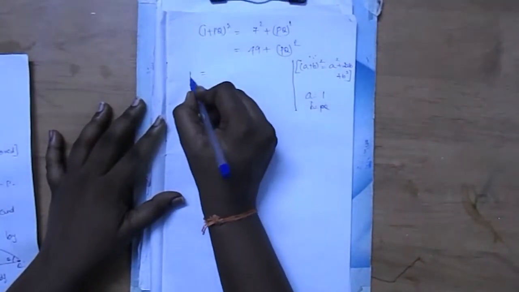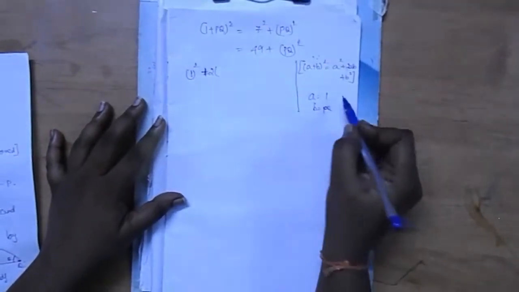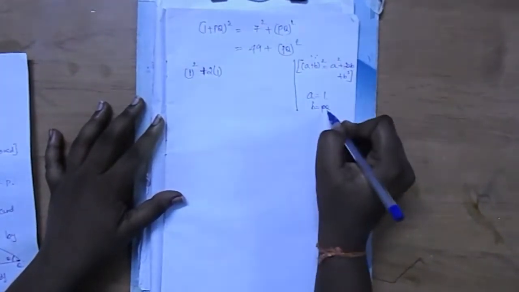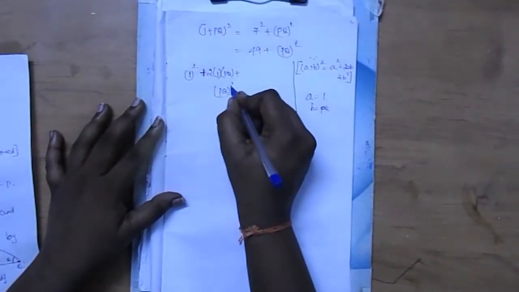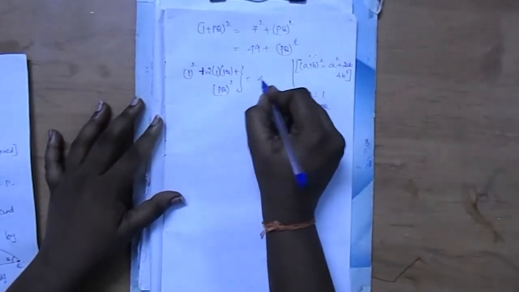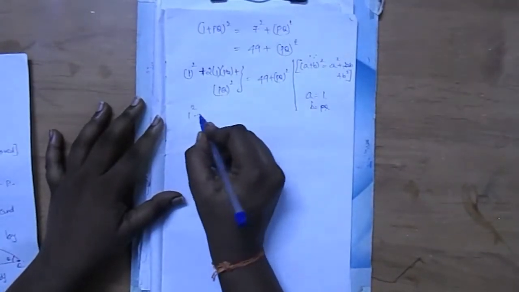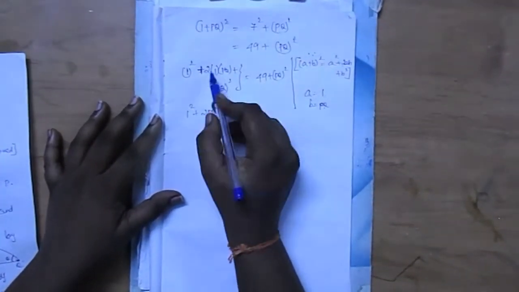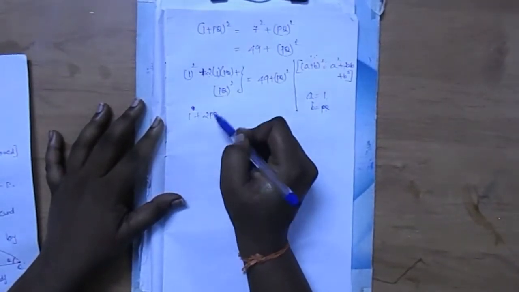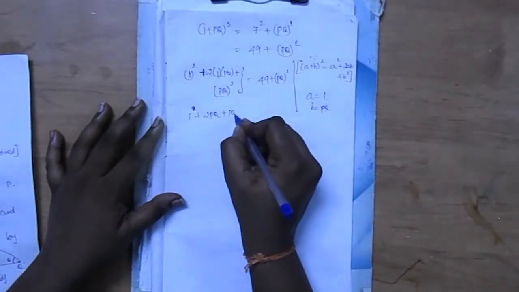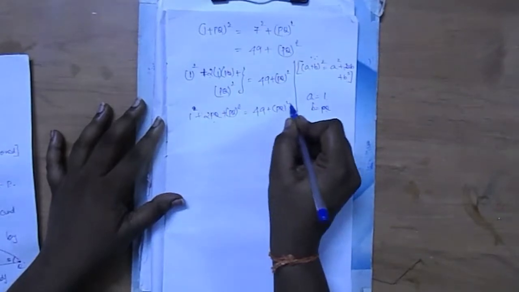So, 1 square plus 2 into 1 into PQ plus PQ square equal to 49 plus PQ square. 1 square is 1, so 1 plus 2PQ plus PQ the whole square equal to 49 plus PQ the whole square.